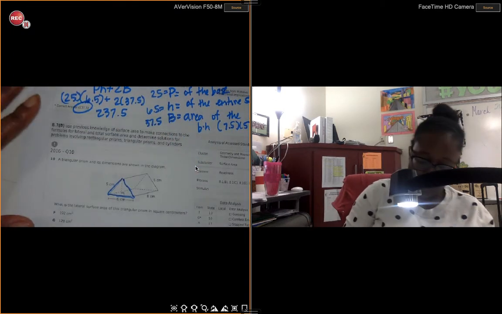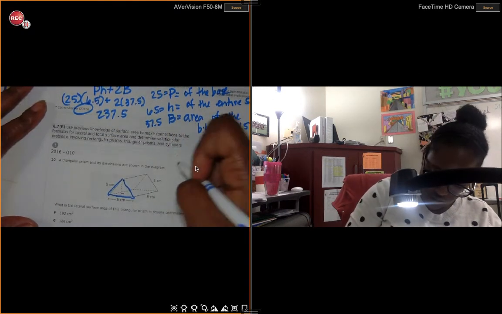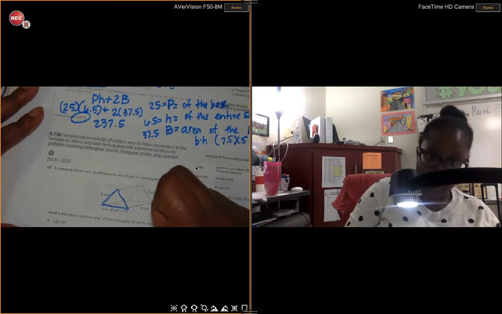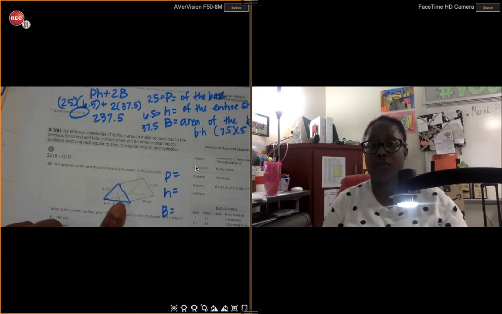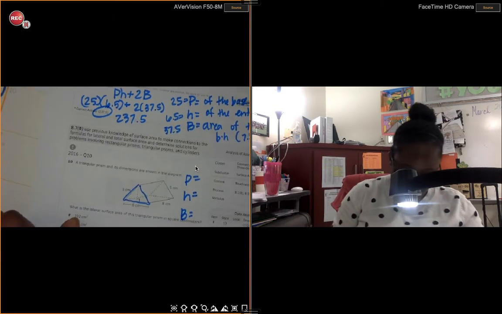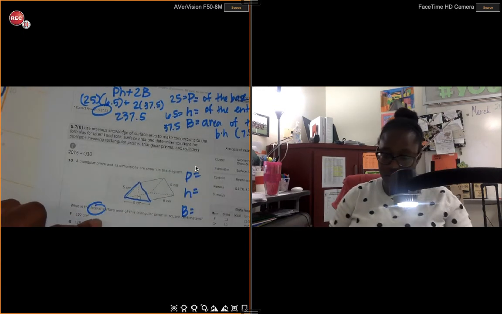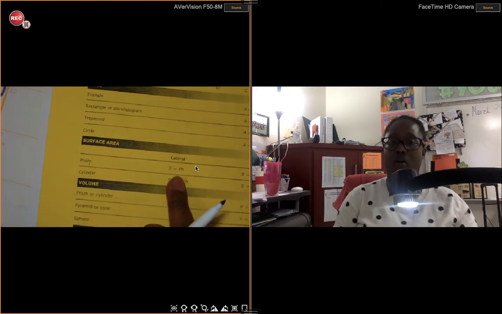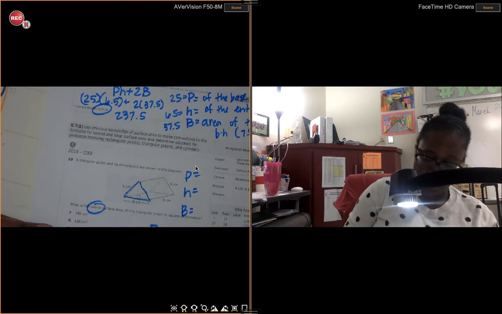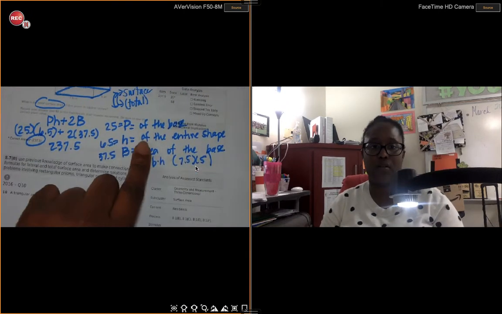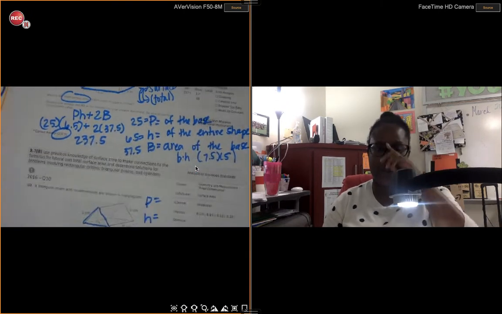So when I'm trying to find my letters, my B, my H, or my big B, I'm going to be doing it for this triangle. On this one, it actually says lateral. So when we look over here, prism lateral, we're only going to be using the Ph, P and our H. Remember, our perimeter is the perimeter of the base, and this is going to try to trick you.